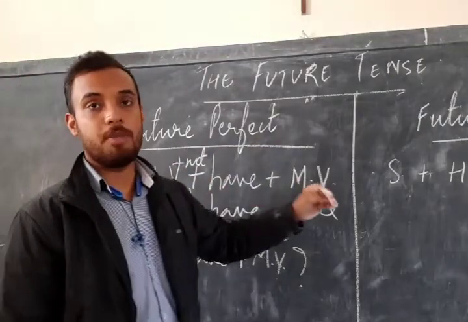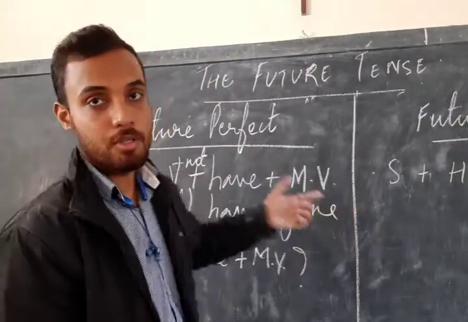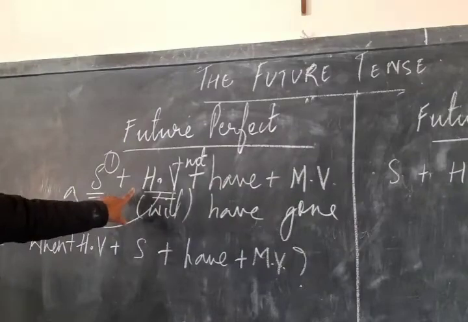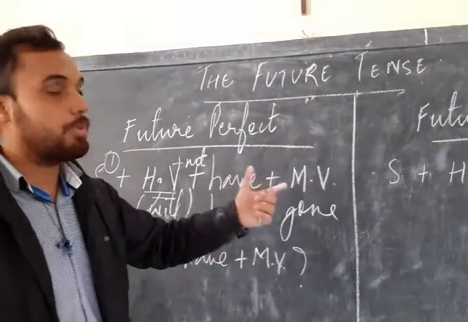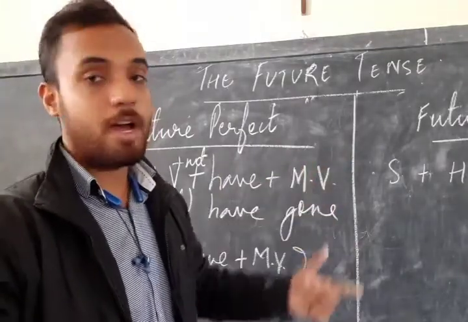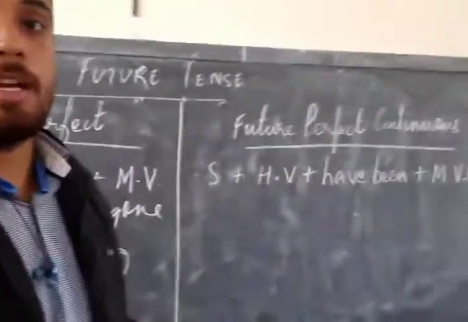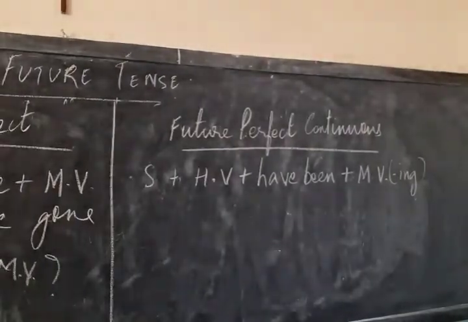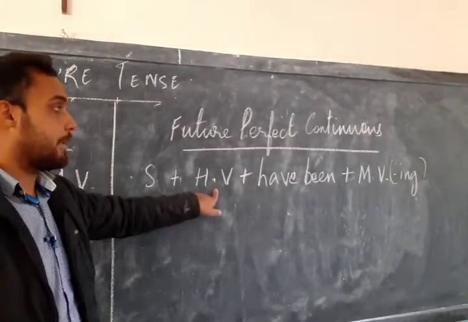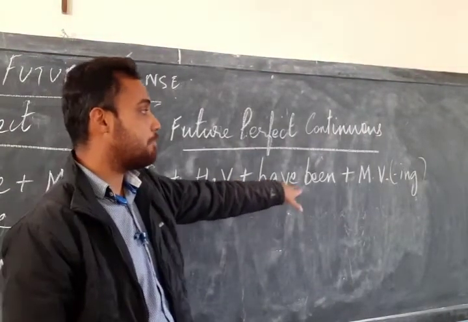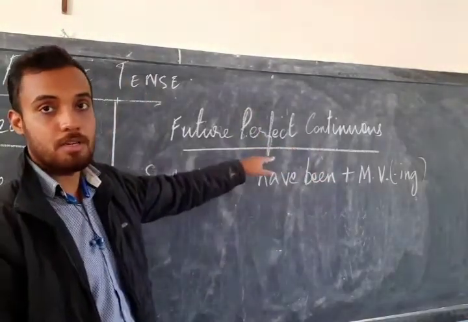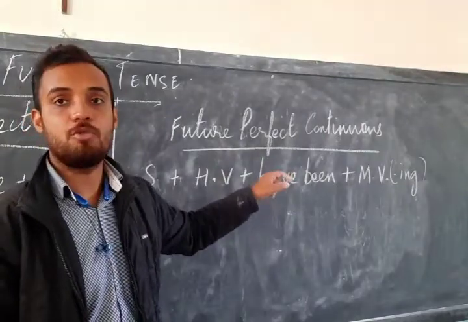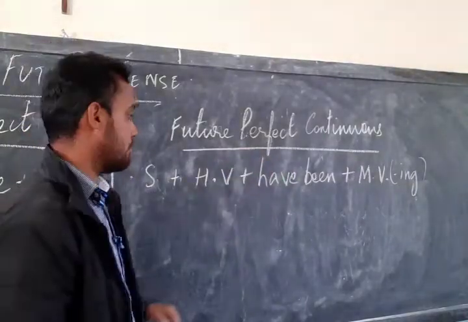Now we are coming to future perfect continuous. As you can see that we have used the helping verb will and have. In future perfect continuous, we have to add one more thing, that is been. Subject plus helping verb plus have been plus the main verb. And since we are talking about the continuous tense, the main verb has to be present in ing form.